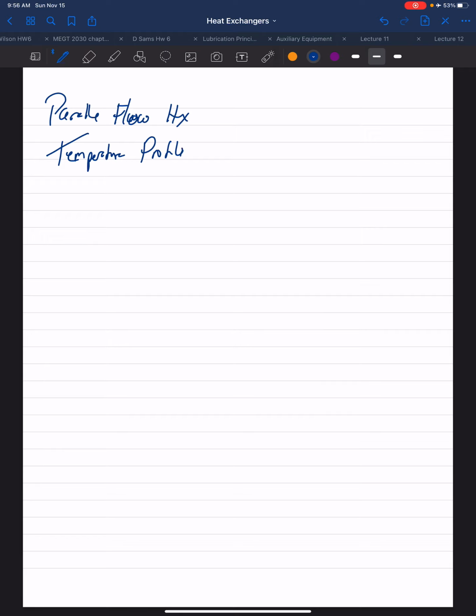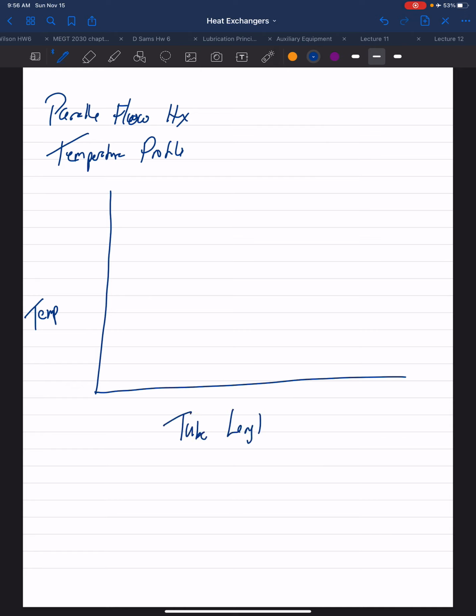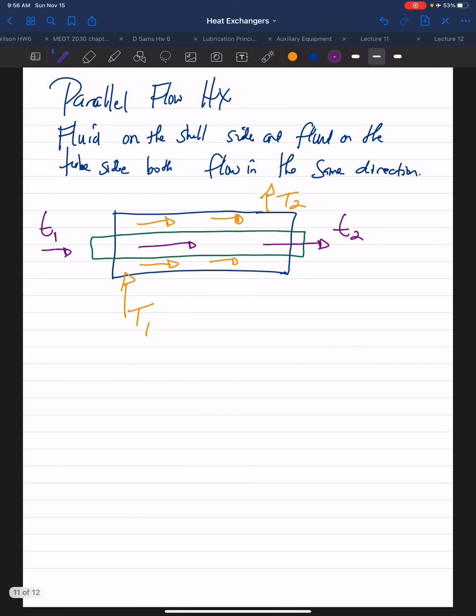So our temperature profile, y-axis is temperature, x-axis is tube length. So as the fluids flow along the tube length, and remember we have lowercase t1 and t2 as the tube side fluid entering and leaving. Uppercase T1 and T2 is the shell side fluid entering and leaving.